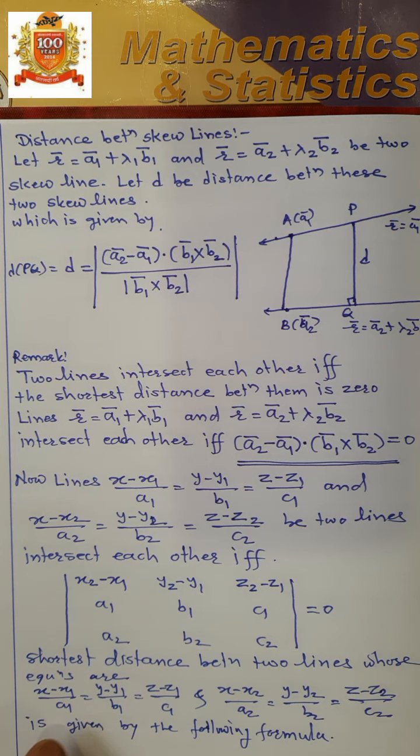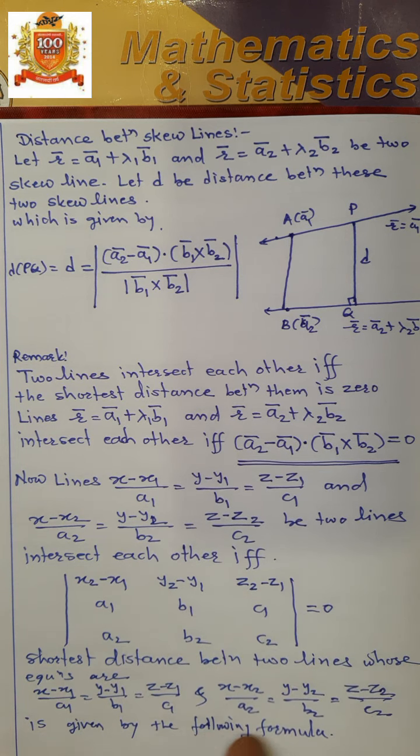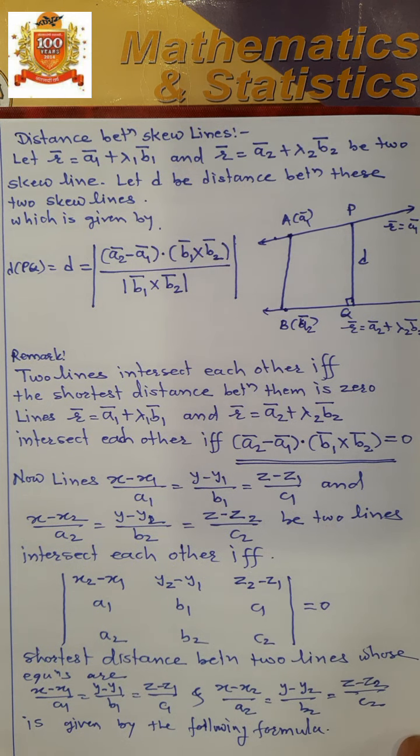When the equations of lines are given in Cartesian form, then how to find the shortest distance? That formula we are going to write now, isn't it?